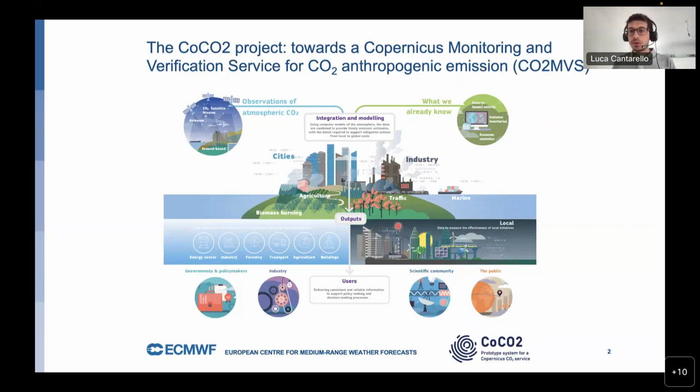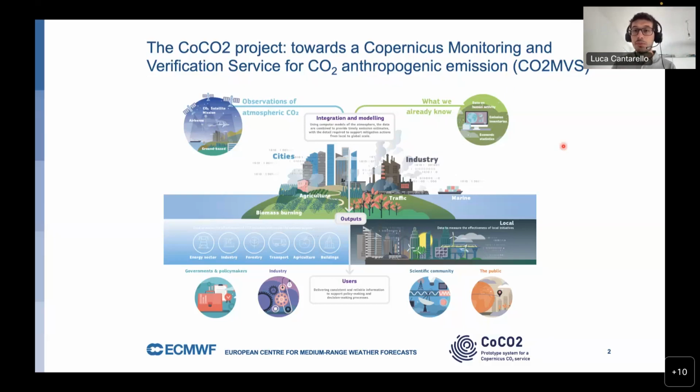And the COCO2 project will lead to this Copernicus monitoring and verification system for CO2 anthropogenic emissions that will be an operational service, the global component of which will be led by ECMWF in a few years. And the idea here is that we're gonna develop the global component of the system, in which, as you see in this slide, we basically take in real time observations of atmospheric CO2, and we combine this information with some prior information which come mostly from emission inventories.